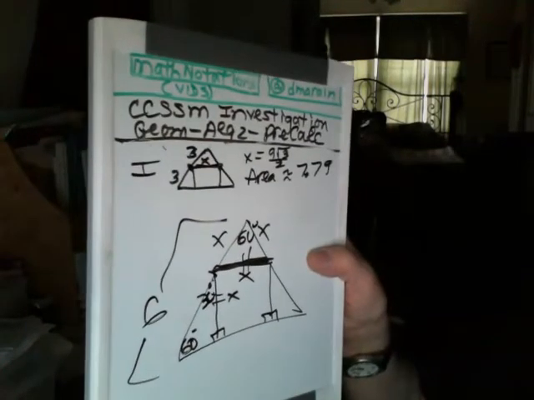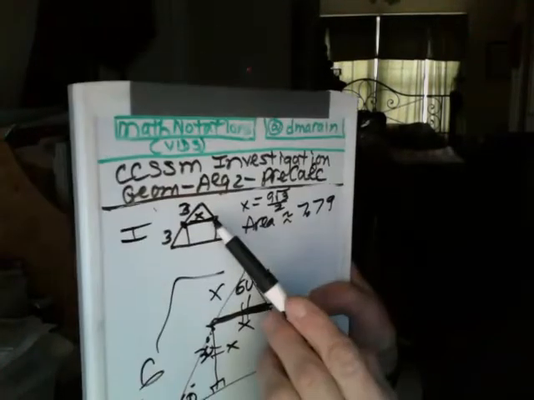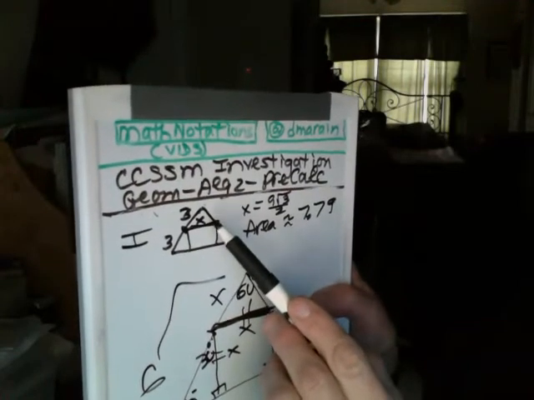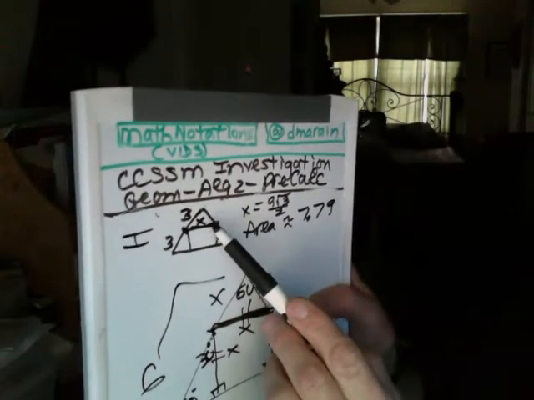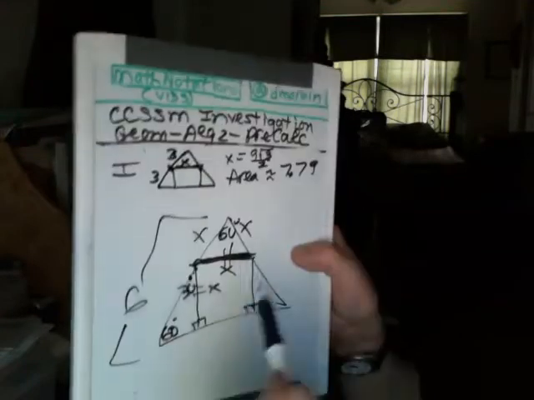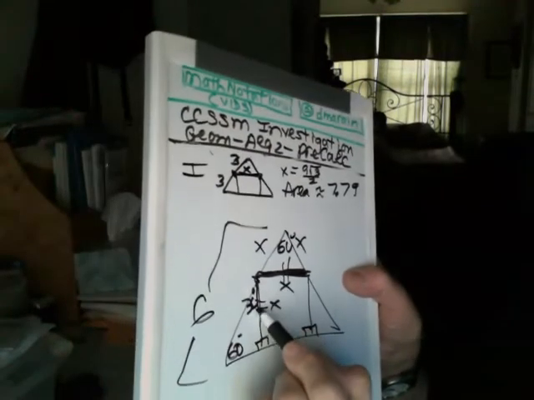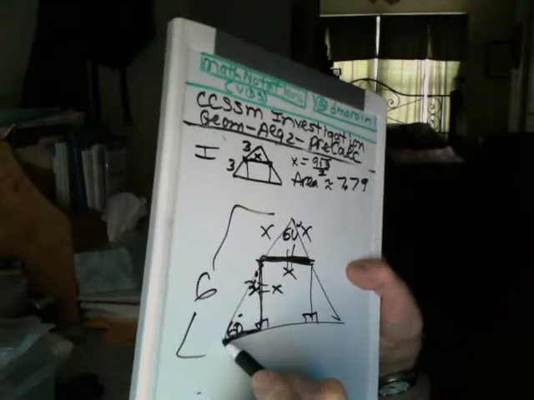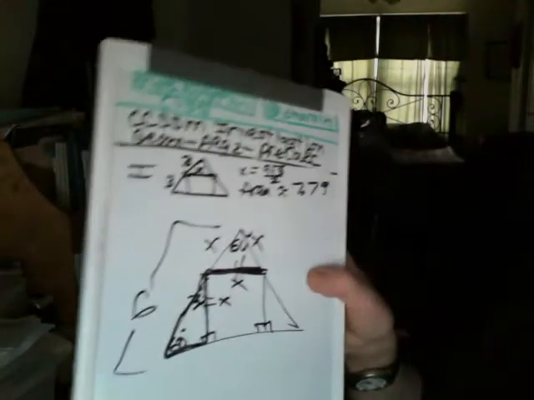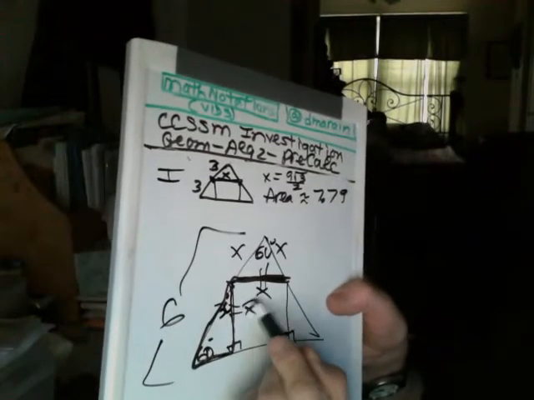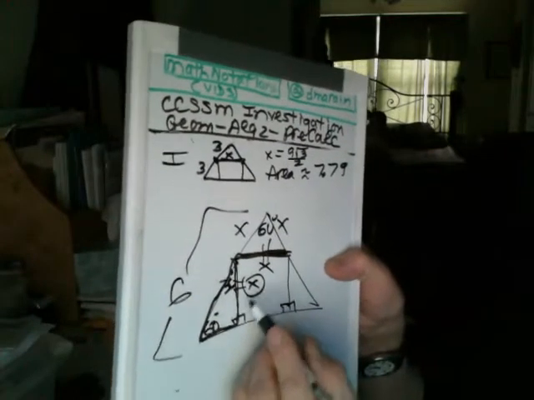So before it was easy. We knew that x was 3. Here, we don't know that x is 3. So what do we have in this 30, 60, 90 triangle that we have to work with? We actually don't know any of the sides except the long leg, and we don't have a numerical value, we just have x.